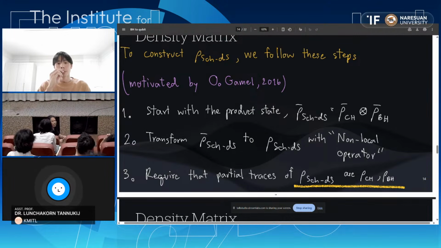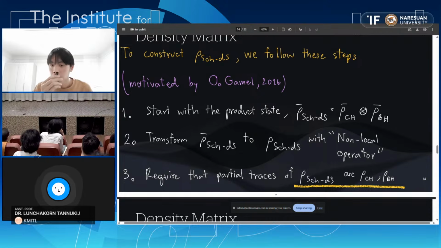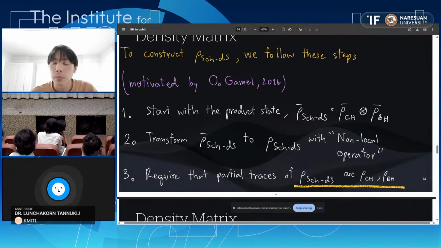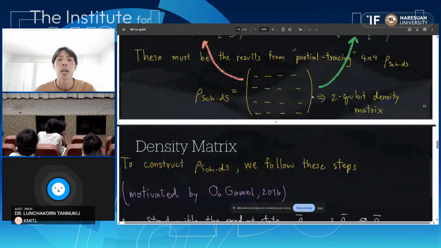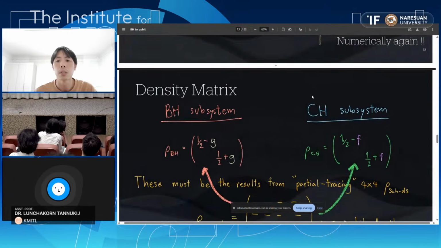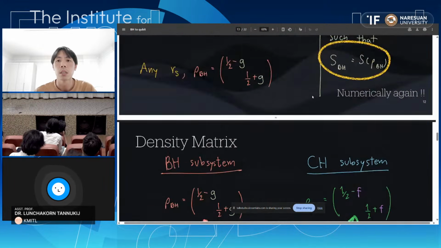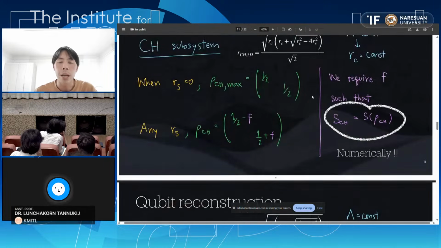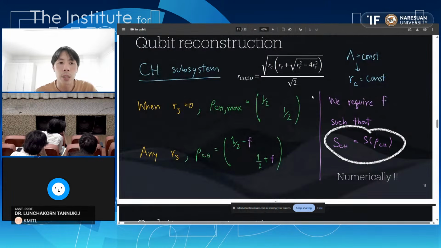There's something very basic that I don't really understand. You said earlier that you set the qubit to have the same entropy as the black hole and the cosmic horizons. Why does the qubit have to have the same entropy? That's one way of identification.